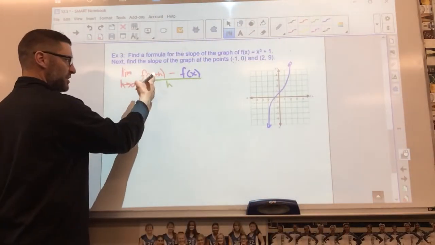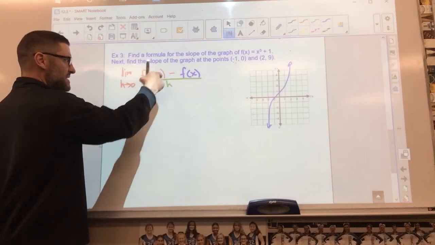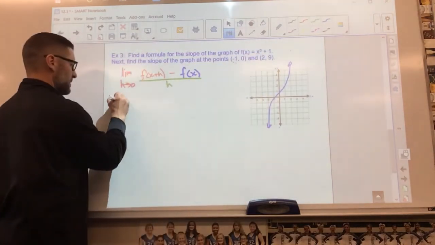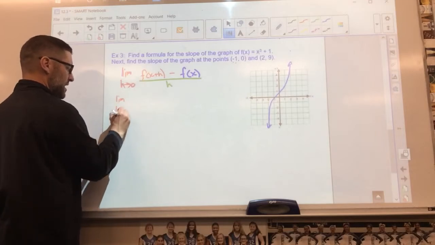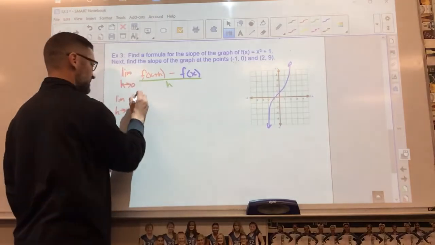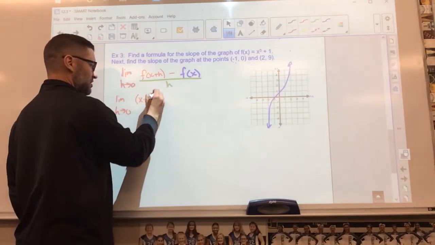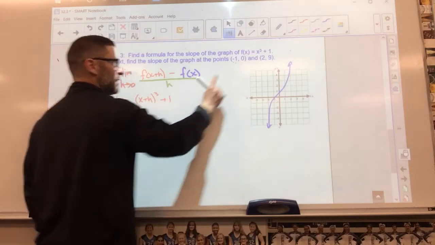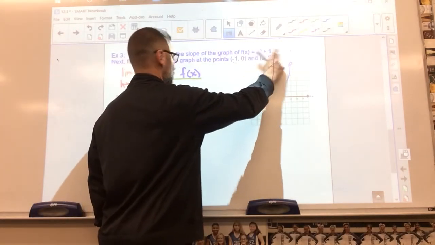So x plus h, this red part tells me to take the red part, x plus h, and plug it in for the x. The limit as h goes to 0 of x plus h cubed plus 1. I still have a cube and I still have a plus 1.